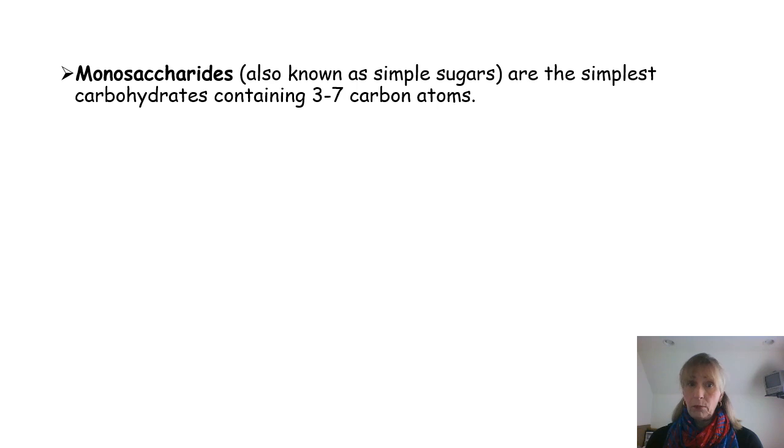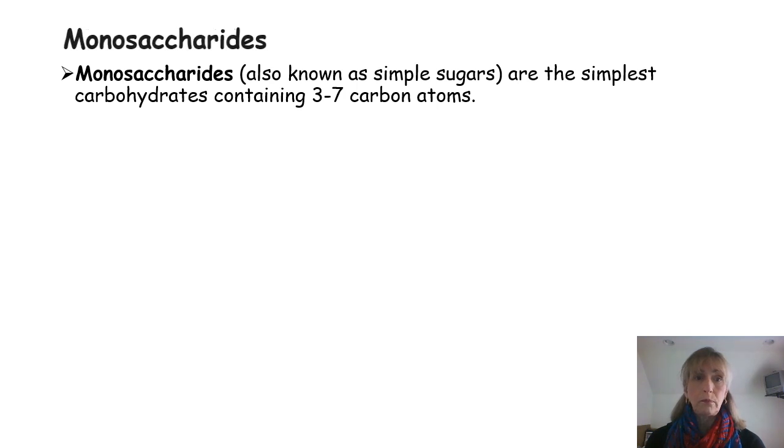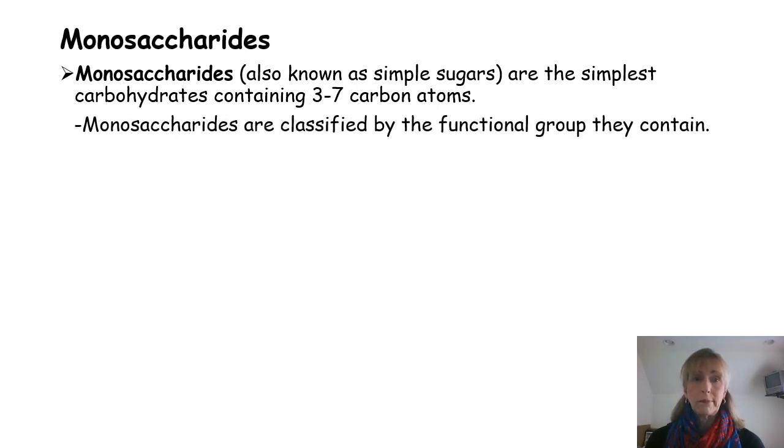Monosaccharides, let's begin with them. All right, so we said that they are also known as simple sugars. They are the simplest carbohydrates. Monosaccharides begin with 3 carbons. All right, so they contain anywhere from 3 to 7 carbon atoms. They are in turn classified by the functional group they contain.